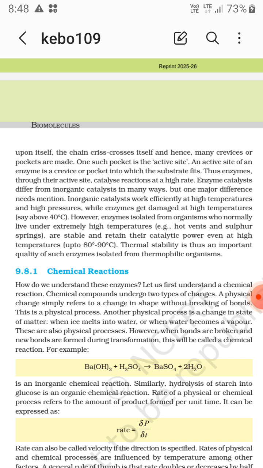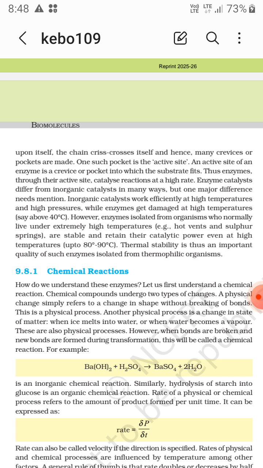But one of the major differences between inorganic catalysts and enzymes is that inorganic catalysts work efficiently at higher temperatures and higher pressures, while enzymes get damaged at higher temperatures, say above 40 degrees Celsius.